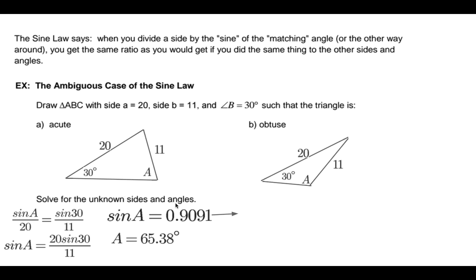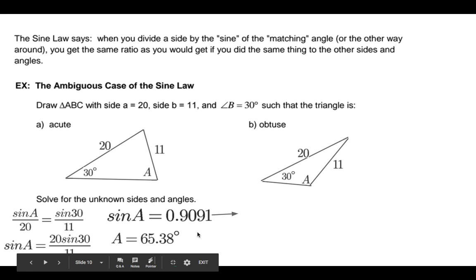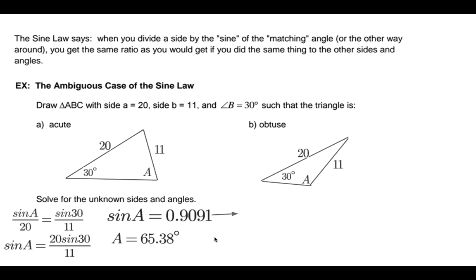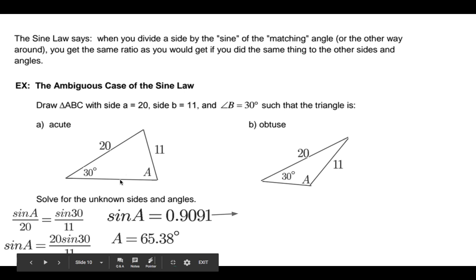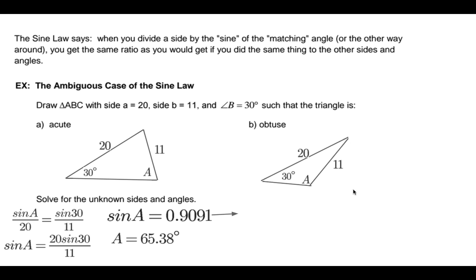And so the calculator is not sure what to do, and we'll see this later on in lessons in this unit, what's happening with sine A. But these angles, it turns out, are supplementary of each other. Because if you drew this triangle in here, this angle A down here, if you can imagine, would be the same as this angle here, and these would add up to 180. And so the real angle on the right is 114.62.